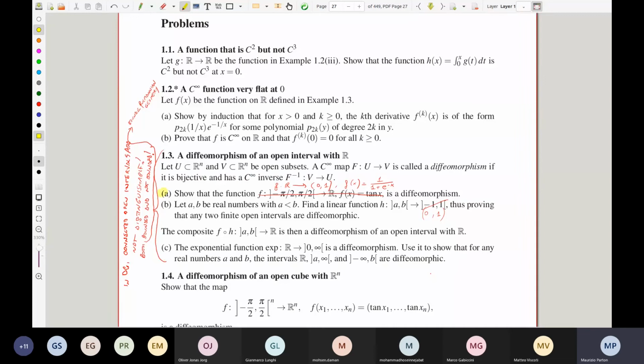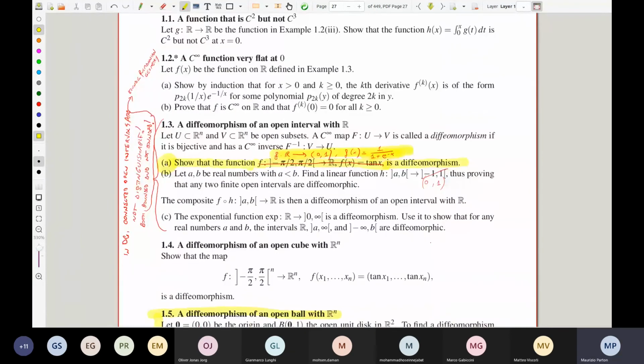Here in point A, I ask you to show that not the given function, the tangent of x, is a diffeomorphism, but another function which is more important given the times. This is the famous function used in neural networks in artificial intelligence. So this is why I'm putting it here.